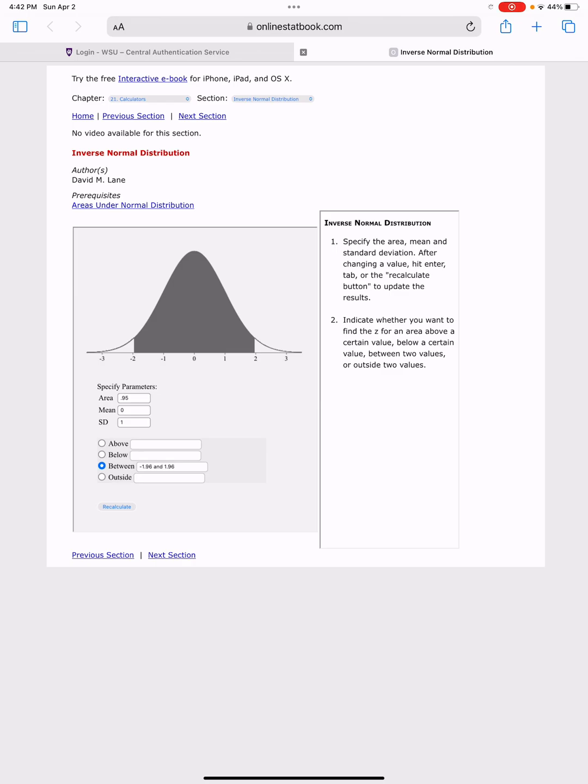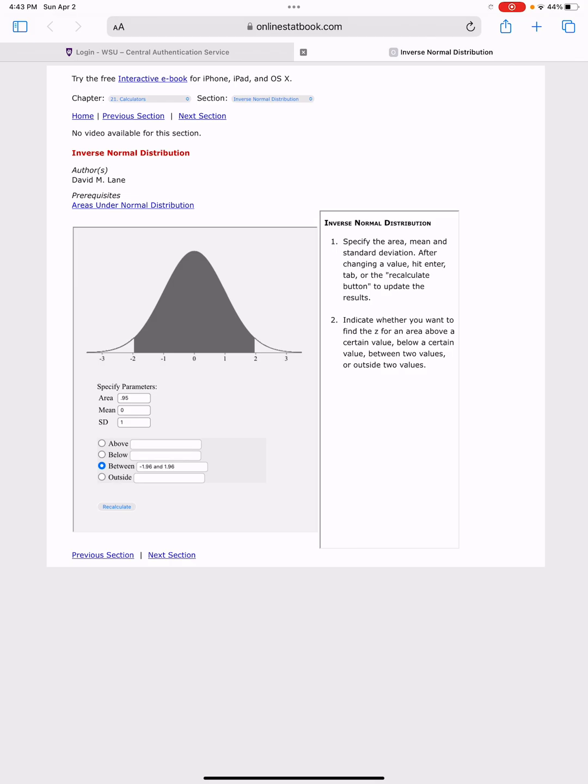It's very important that the mean be 0 and standard deviation be 1. And if you're going to put 0.95, you have to put the between. You could also do above or below, but then you'd have to put 2.5%. The 2.5% comes from alpha over 2. So if I take 0.95 and subtract it from 1, that's 5%. Then I do alpha over 2, that's 2.5%, and that'd be in this tail.